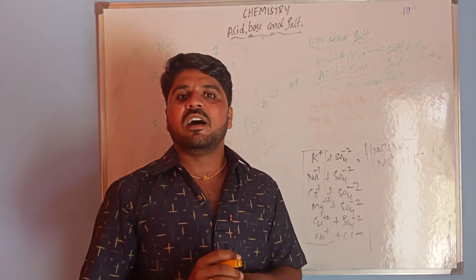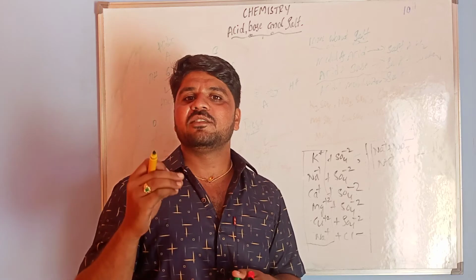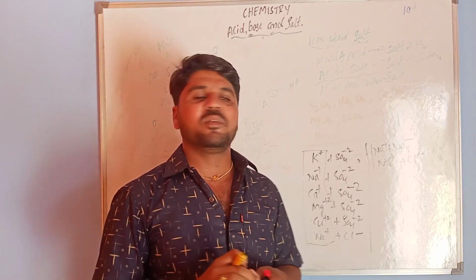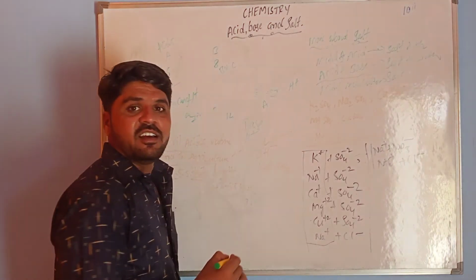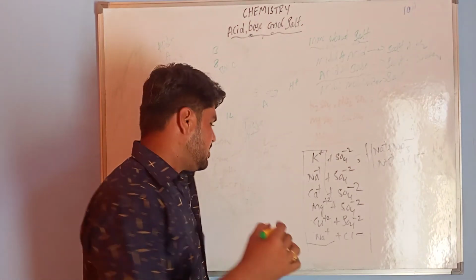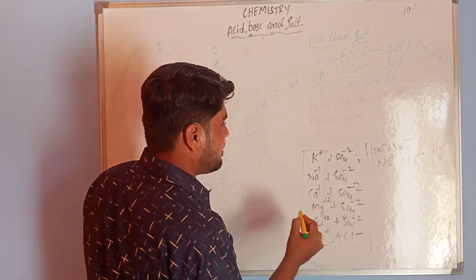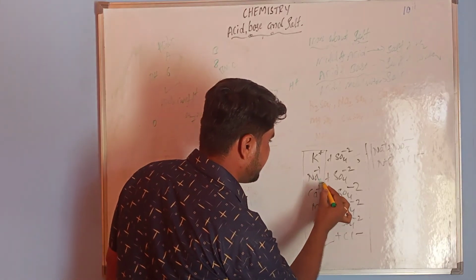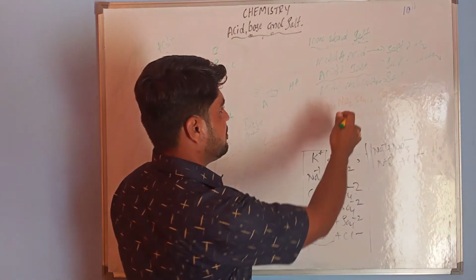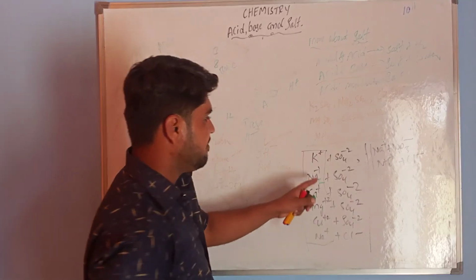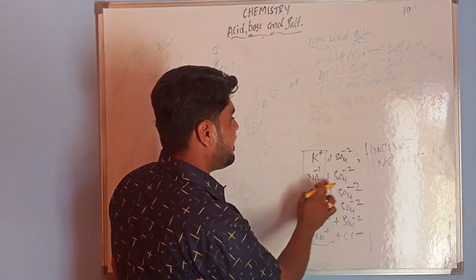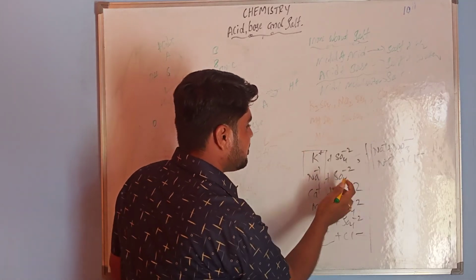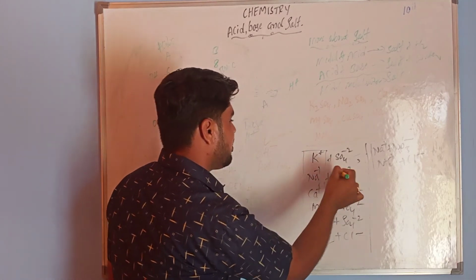As an example, take NaCl and Na2SO4, sodium sulfate. Sorry, I wrote it wrongly here; this is Na2SO4, because with crisscross the 2 is right.